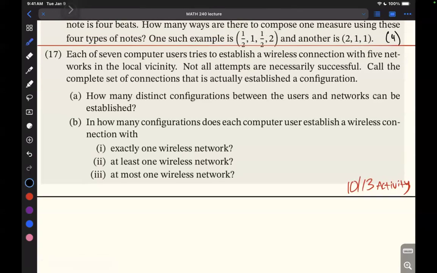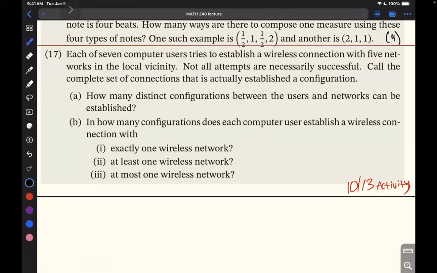And then the other one is I've got 7 computer users that are trying to establish a connection with 5 networks, and not all of the attempts to connect are successful. And so how many successful connections can be established?